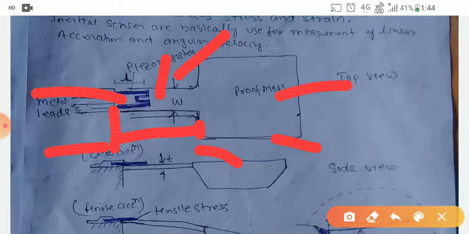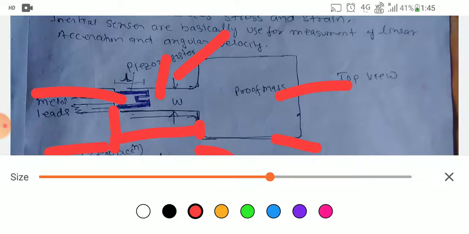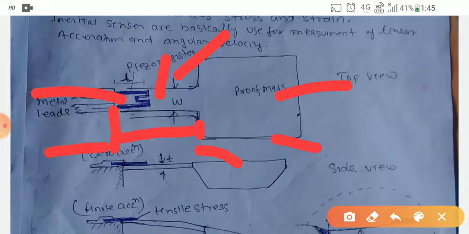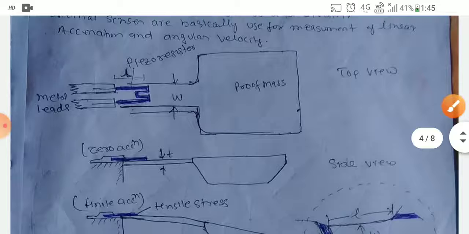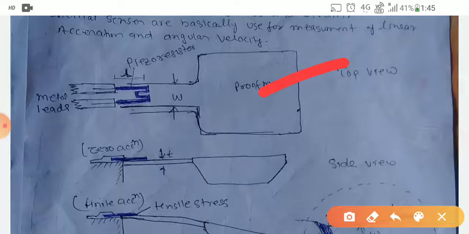So two support beams are there, and between them there is a thin cantilever. At the cantilever's open end there is a proof mass, so the proof mass is attached to the cantilever.